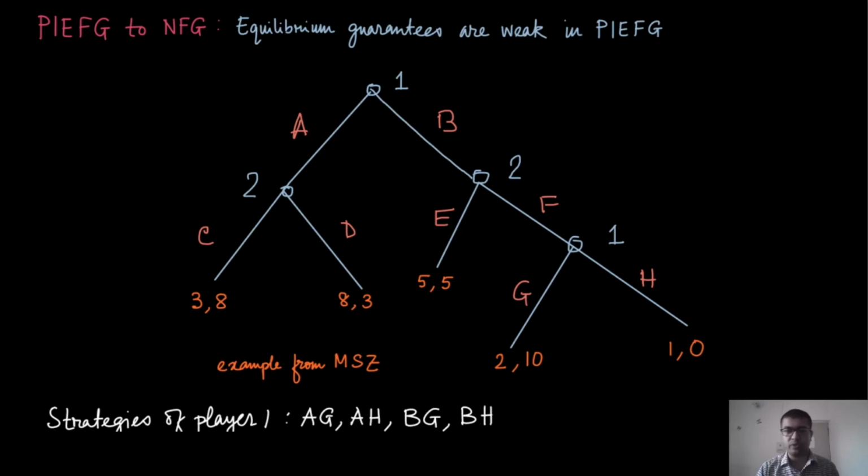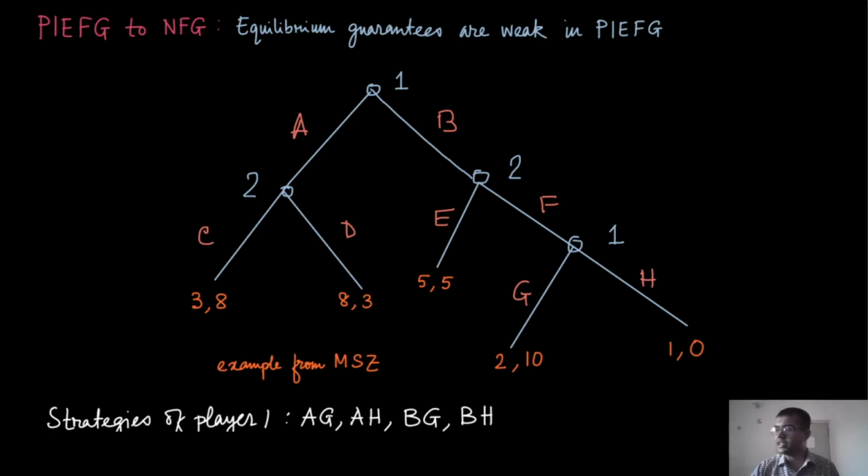So when we are discussing this kind of games, not only in terms of the representation, we also need a different equilibrium definition. So in this module, we are going to discuss some equilibrium guarantees which are appropriate for PIEFGs.